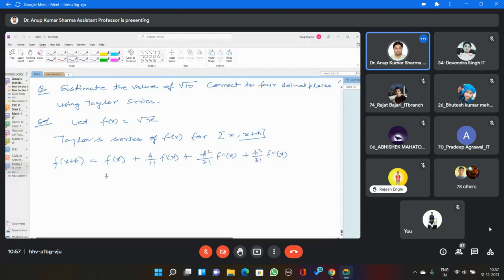So we are taking up to here, 3 or 4 decimal places are enough to find.